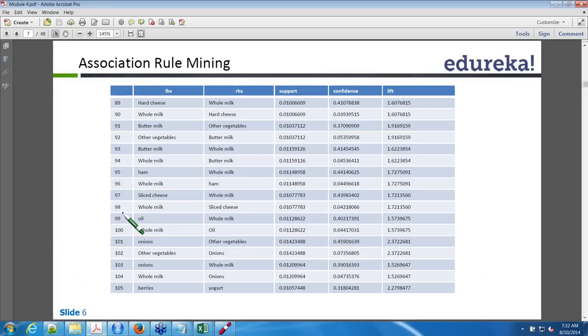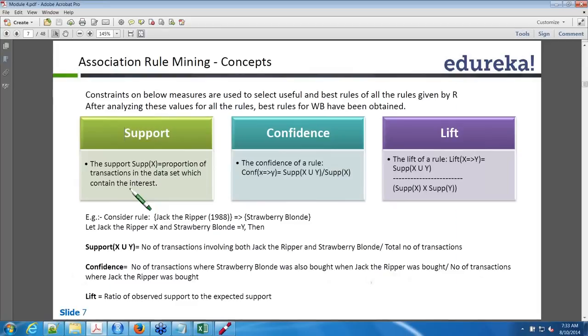Support is the proportion of transactions in the data set which contain the item of interest, which means what portion of the data the product should be present in. For example, today I made 100 transactions, and in that only one time one product is coming.